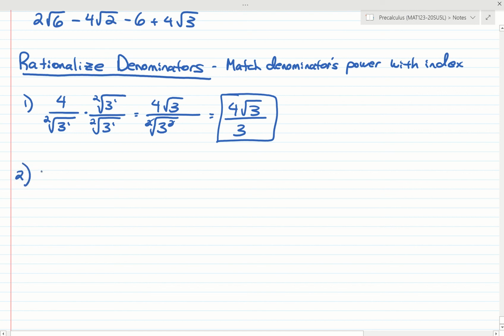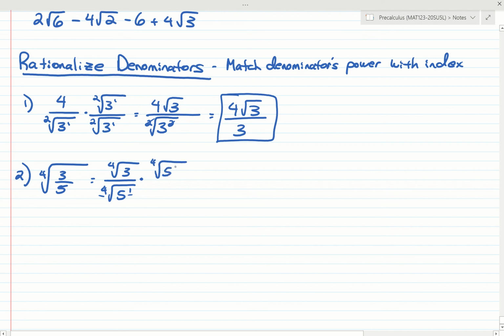What about something like this, the 4th root of 3/5? So let's break this up. We'll take the 4th root of 3 over the 4th root of 5. Now we want that 5 to match the 4, right? So this one, we want to make it into a 4. So in order to do that, we'd have to bump it up by 3.